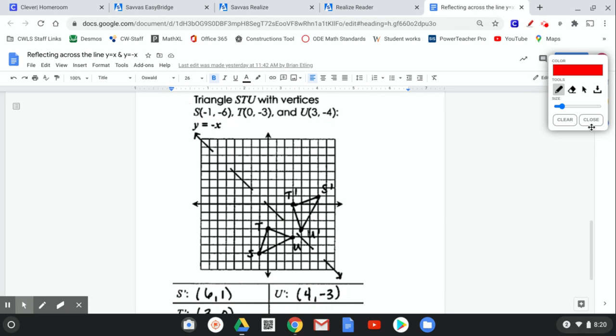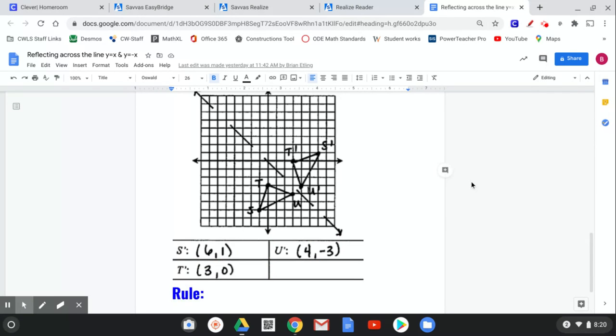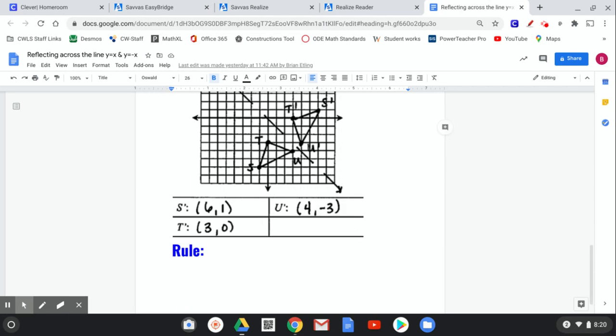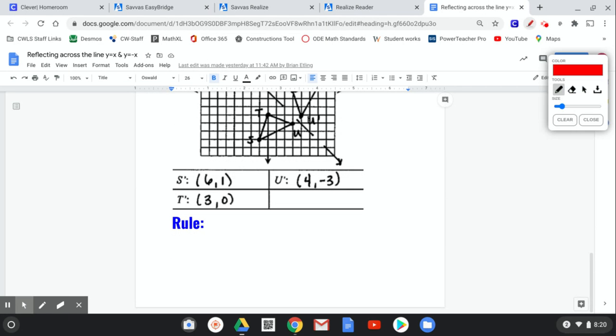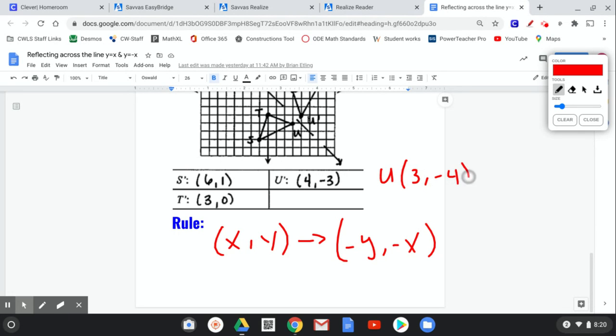So our rule for this one is we are going to flip the coordinates just like we did before. So we're going to start out with x comma y, and we're going to flip the coordinates and do y comma x. But this time we're also going to change their sign. So you started out with 3, -4, okay?